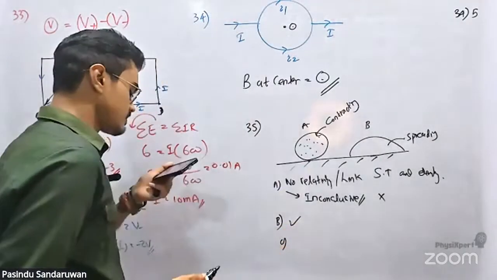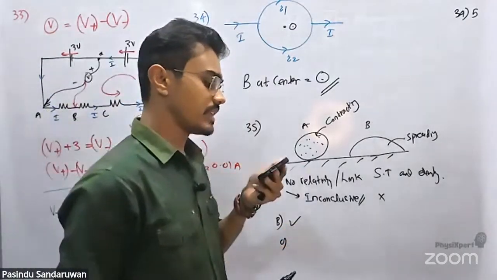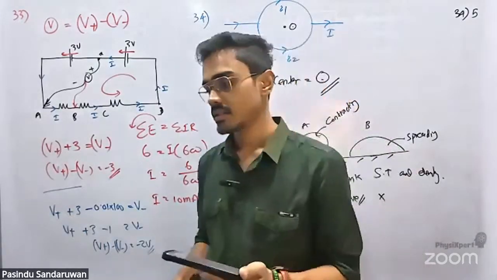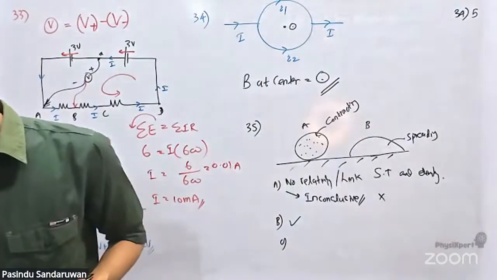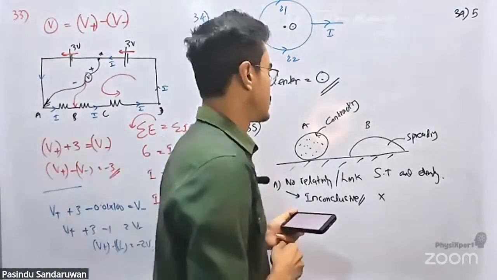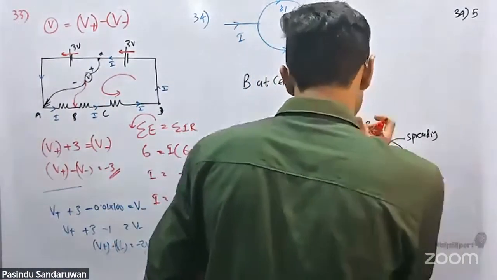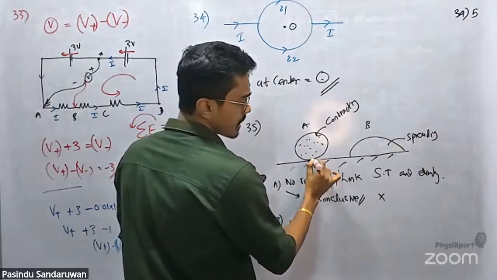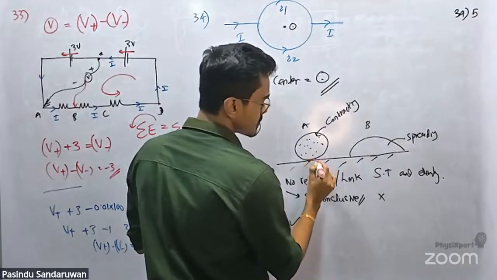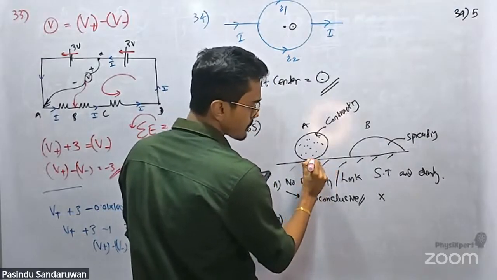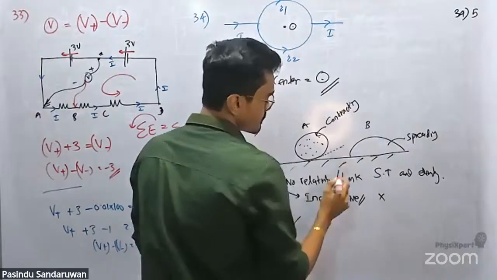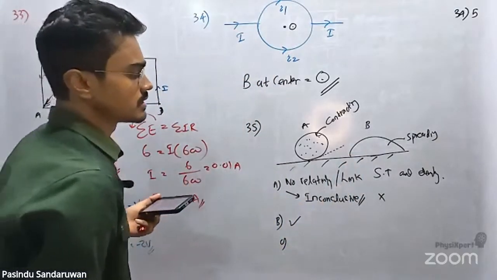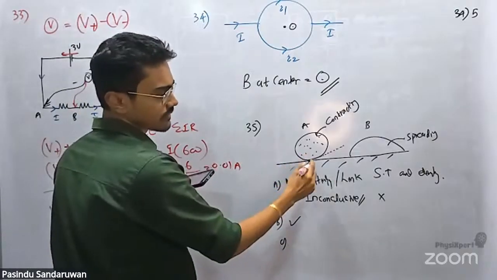C. The angle of contact of liquid A is greater than the angle of contact of liquid B. What is angle of contact? Angle of contact is the angle between the wall and the tangent drawn to the liquid surface through the liquid.